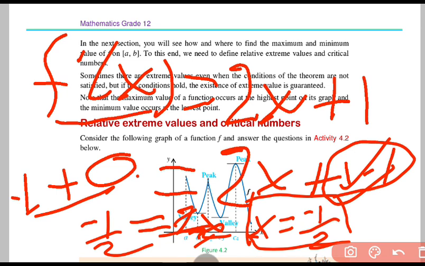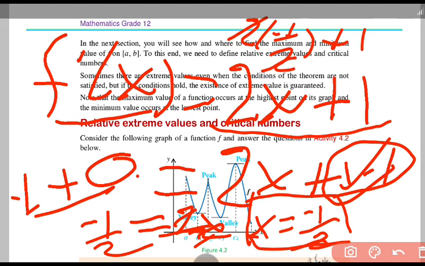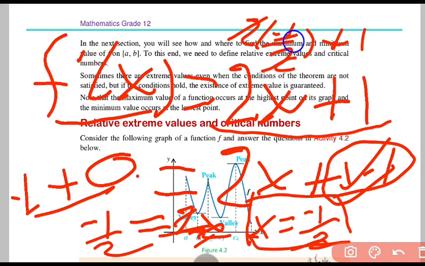When we plug in this function, it will be what? 0. Let me plug it in: 2 times minus 1 over 2, because x is equal to minus 1 over 2, plus 1. 2 by 2 is cancelled out. Only minus 1 is left. Minus 1 plus 1 is 0 is the answer. Due to this, this number is the critical number.